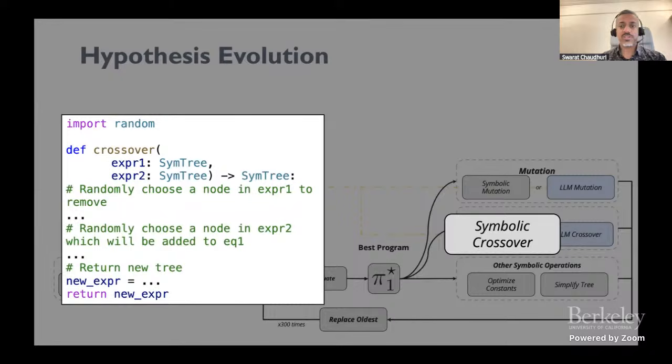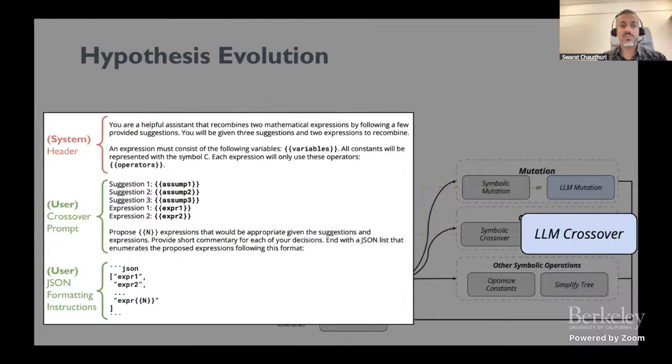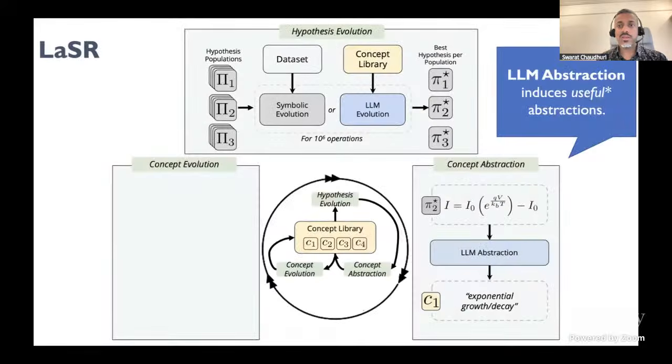This is just to highlight the difference between the symbolic crossover versus the LLM crossover. In this case, the LLM is basically doing all of this. It's being given a crossover prompt, and then some formatting instructions, and then it's generating the new expression. After you do this, you have evolved your hypothesis. Now you have this new pool, and now you also evolve your concept library.